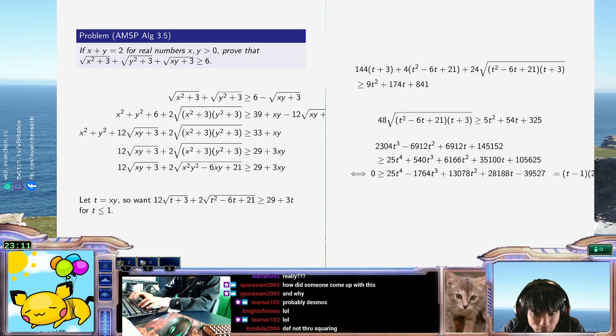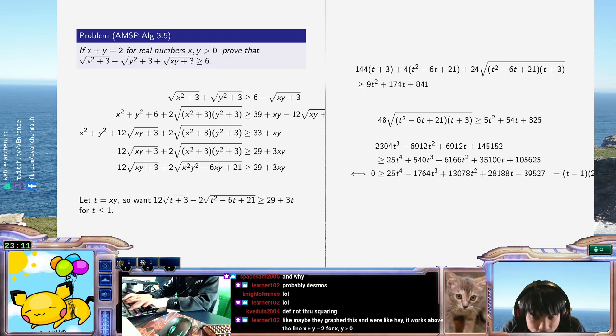Okay, how do the signs work? How do you divide by t minus 1? Minus 11339. So this one should be plus. Oh, actually, I know what it's supposed to come out to. It's supposed to come out to plus 39527. Yeah, which it does. Okay, cool.